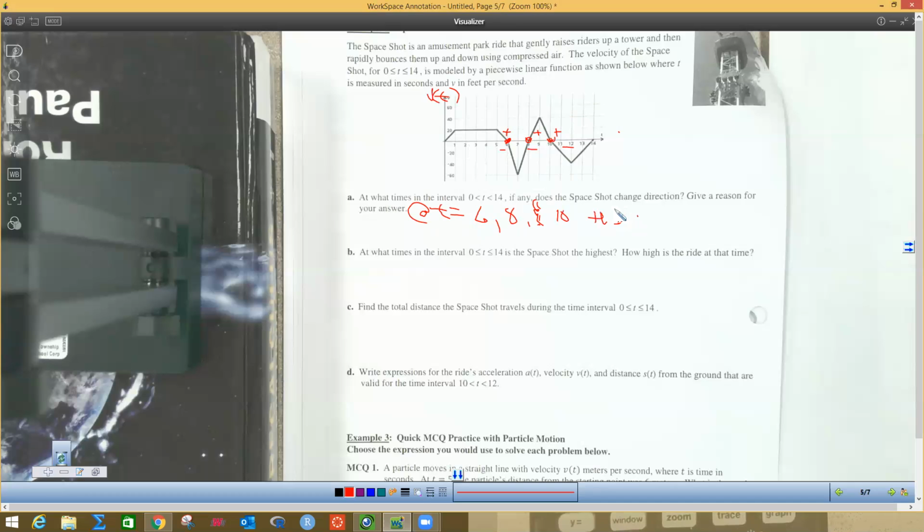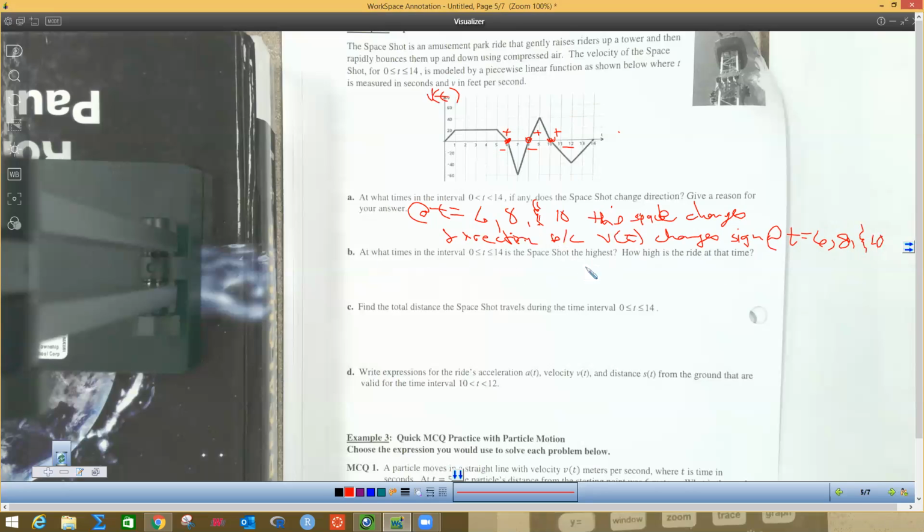The Space Yacht, I guess it's actually going up and down. The Space Yacht changes direction because b of t changes sign at those t values: 6, 8, and 10. I like writing them down.